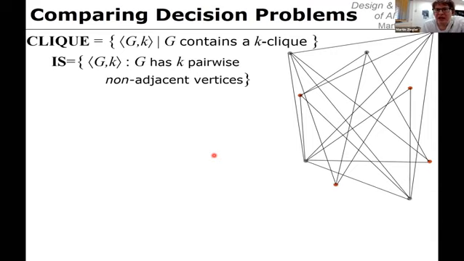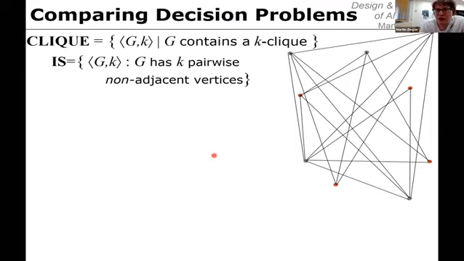Now let's suppose that any of these two problems, let's say the clique problem, admits a polynomial time algorithm, an algorithm which solves the decision problem in polynomial time. Then we can convert that into an algorithm which also solves the independent set problem in polynomial time as follows.